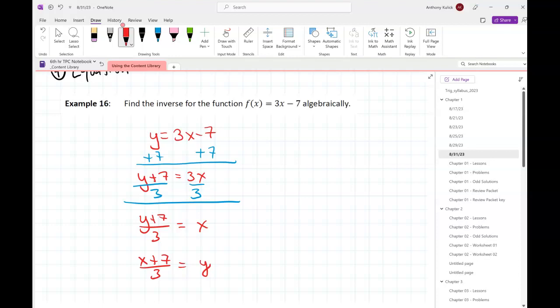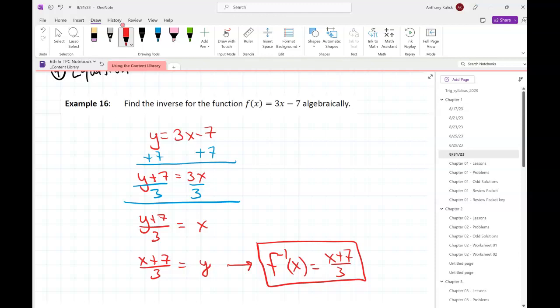This is me doing that here algebraically, right? And now this is my inverse, so instead of writing y equals, I'll write f inverse of x is equal to x plus 7 over 3.